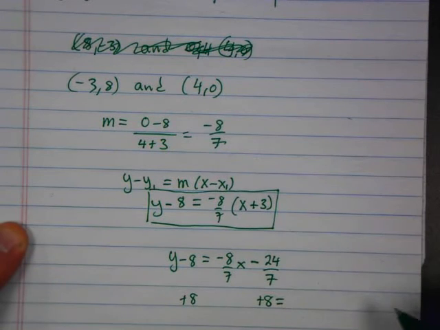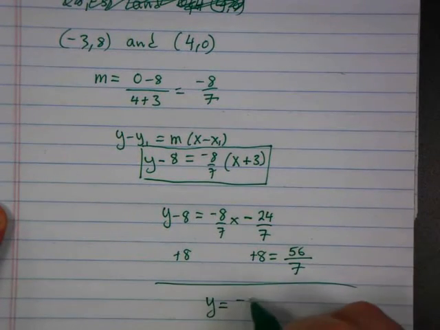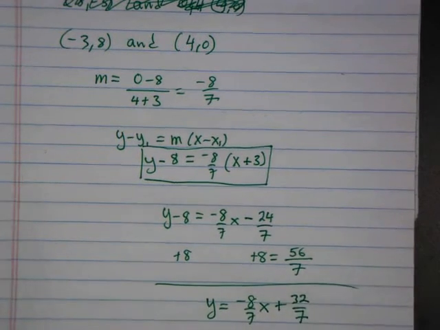And I have to think of 8 as a fraction with a 7 on bottom. And it's still 56. So I would get y equals negative 8/7 x plus 32/7. Is that the same answer? Yes.